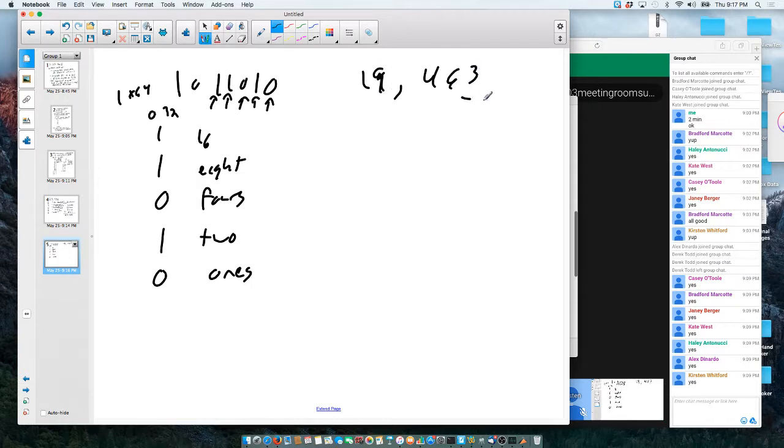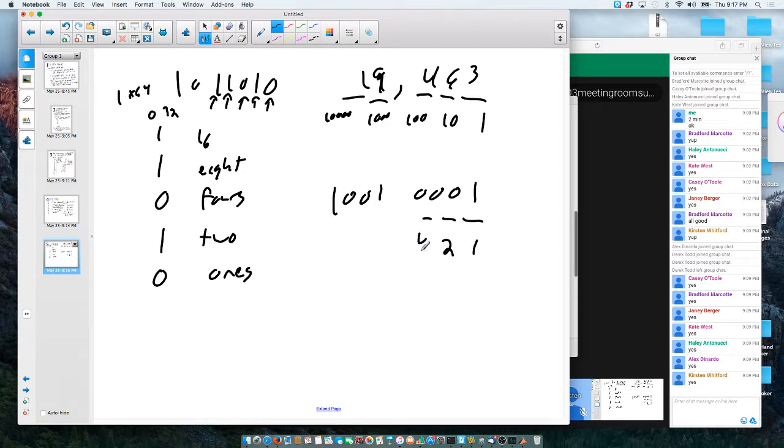19,463, that's my ones place. I'll mark the positions like this. That's my tens place. That's my hundreds place. That's my thousands place. That's my 10,000s place, and on and on and on it goes, right? If you give me a bit pattern, that's my ones place, that's my twos place, that's my fours place, that's my eights place, that's my 16s place.